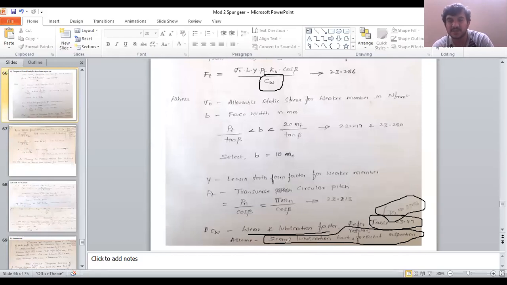It is a type of oil basin with a cloth or a cotton inserted over it, and the other side is over the gear. So drop by drop the lubricant is placed over the mating gear. That is called scant lubrication. Okay.